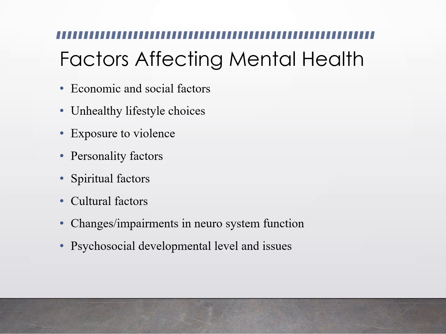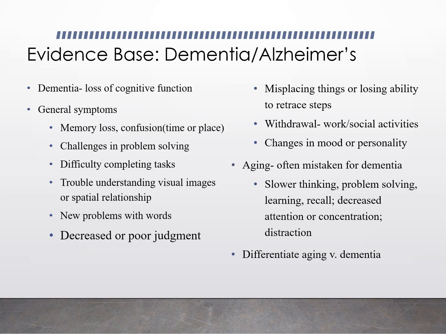So we have to use our assessment skills to find out what's going on with our patients so we know how to help them. The psychosocial development level and issues can also be related to some development and that might manifest and look like some type of mental disorder. So it's important to be able to assess this completely.